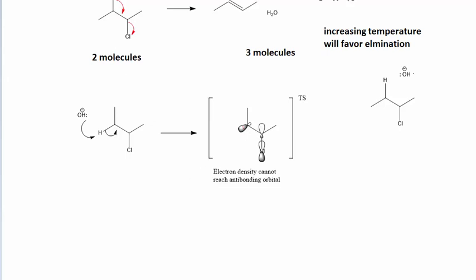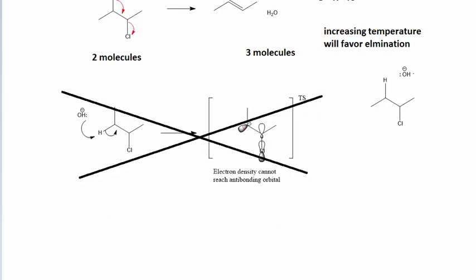So the reaction cannot proceed this way. So, from the bonding arguments, we're able to get a stereochemical, or a stereospecific, reason why E2 cannot proceed in this fashion here.